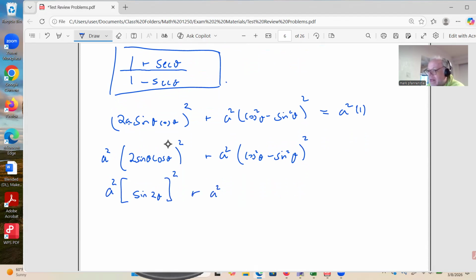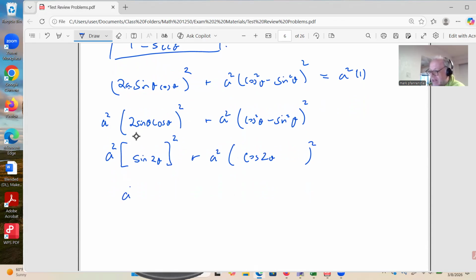Plus a squared, and now I'm thinking, oh, wait a minute. Cosine squared minus sine squared reminds me of the cosine of 2 theta. So this is a squared times sine squared of 2 theta, plus a squared cosine squared of 2 theta.